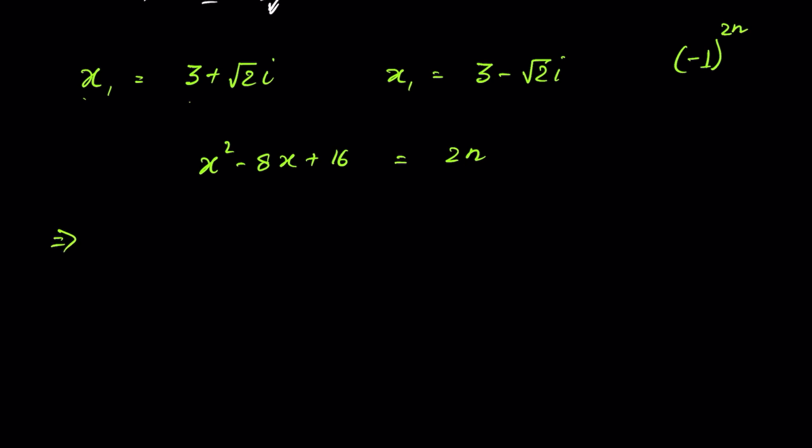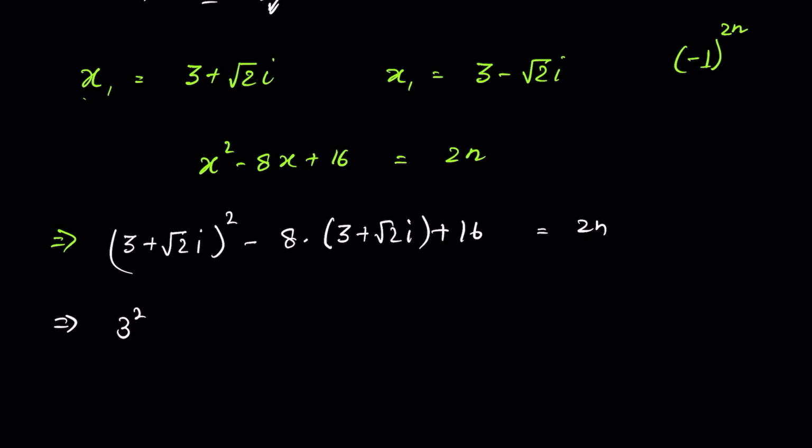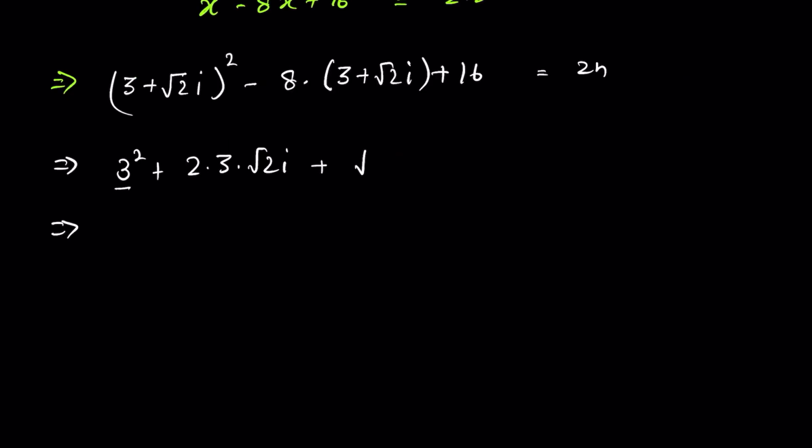So let's first plug in 3 + √2 i. So (3 + √2 i)² − 8(3 + √2 i) + 16. So it is 3² + 2 × 3 × √2 i + (√2 i)² − 24 − 8√2 i + 16 equals 2n.